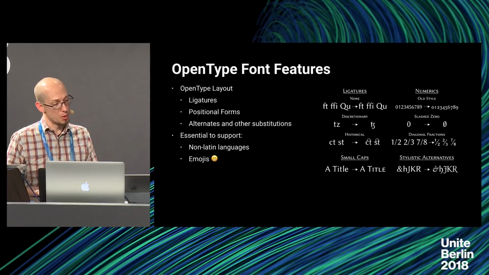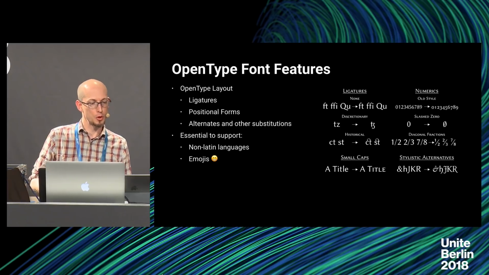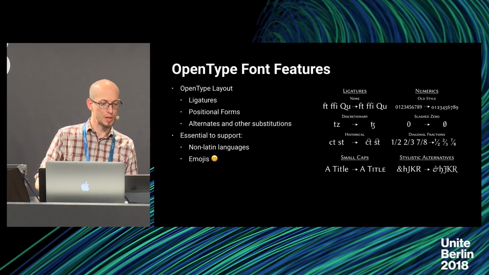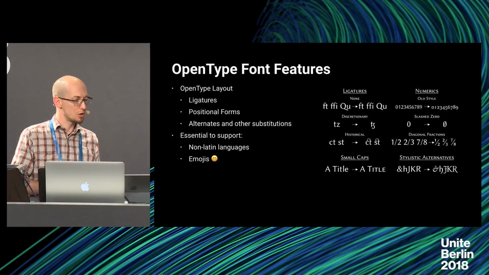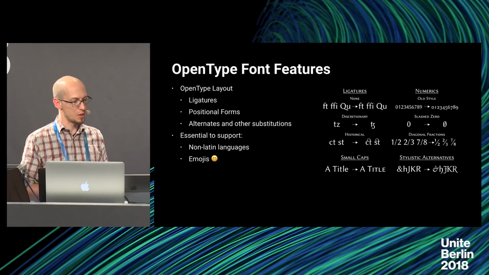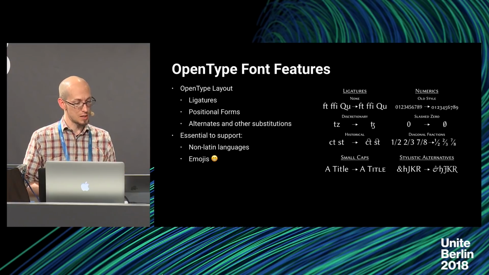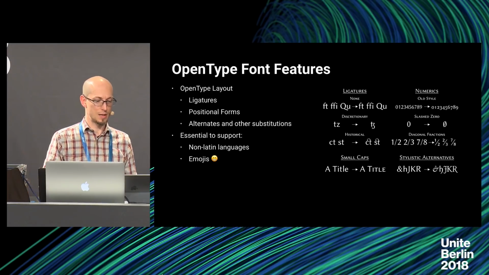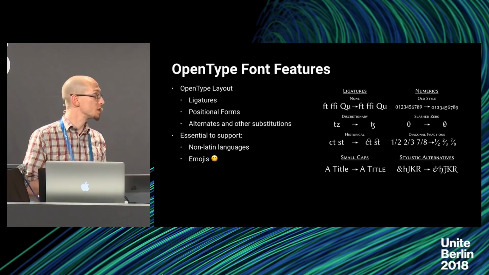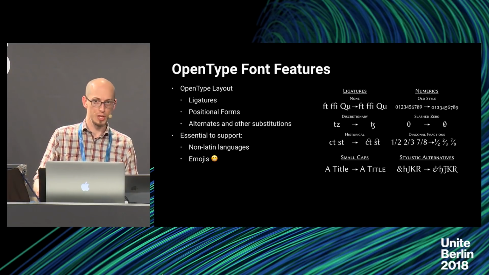This is actually one of the most requested features. The new text system will support OpenType layout features, such as ligatures, positional forms, and alternates. And what's exciting about those is they are essential to finally have support for non-Latin languages and right support for emojis.